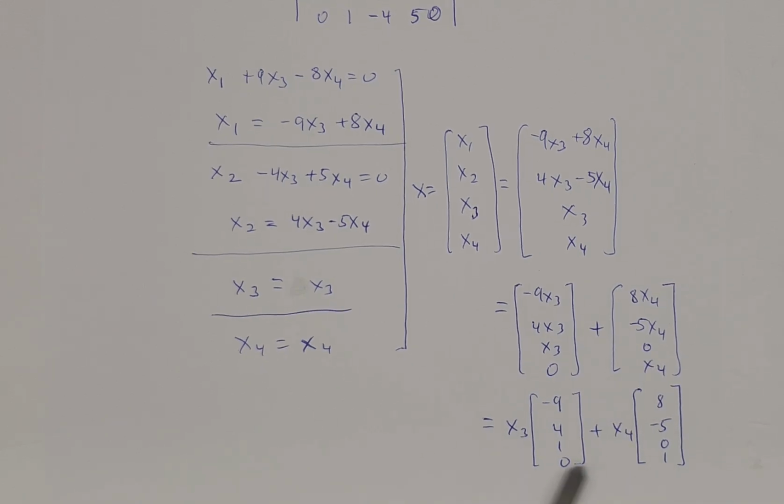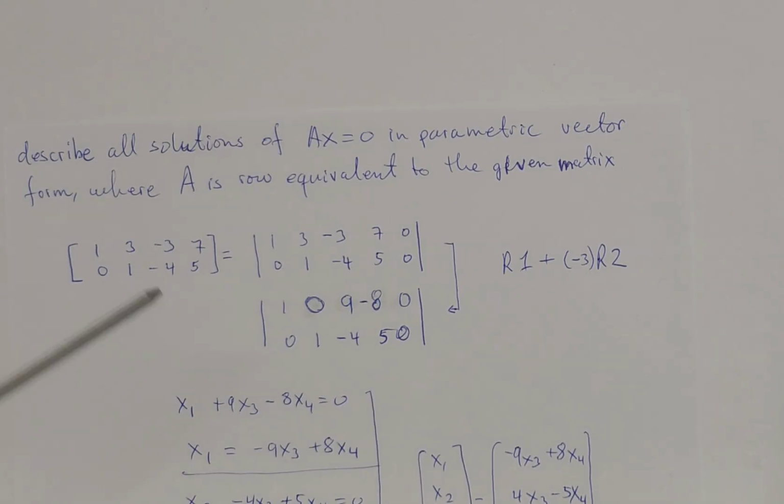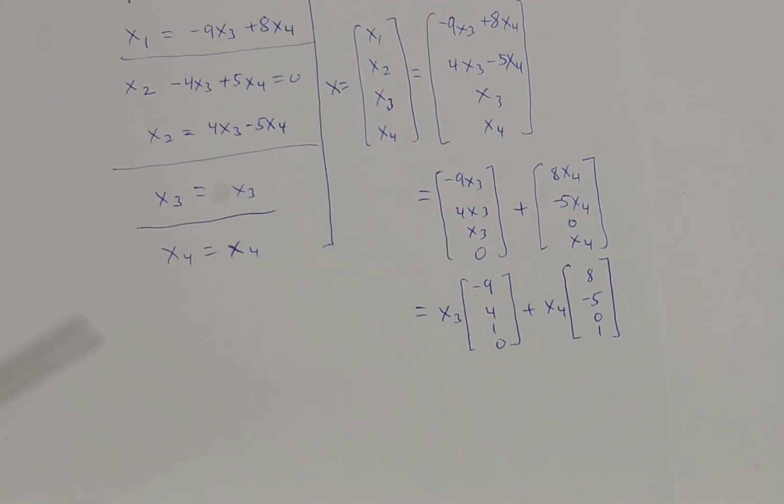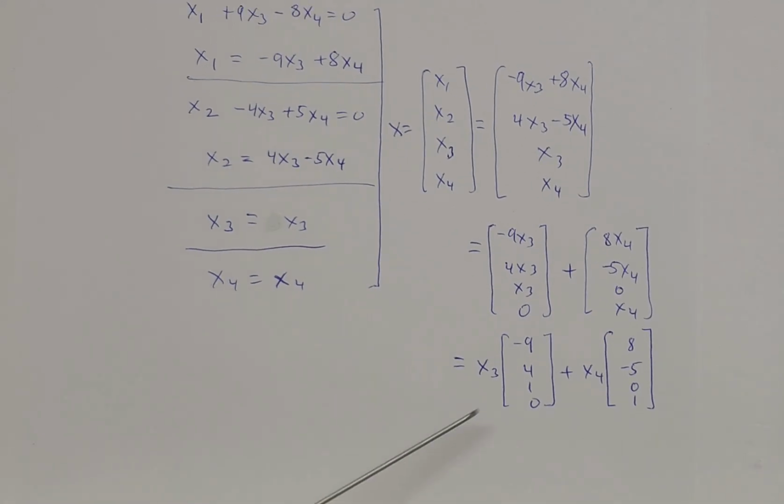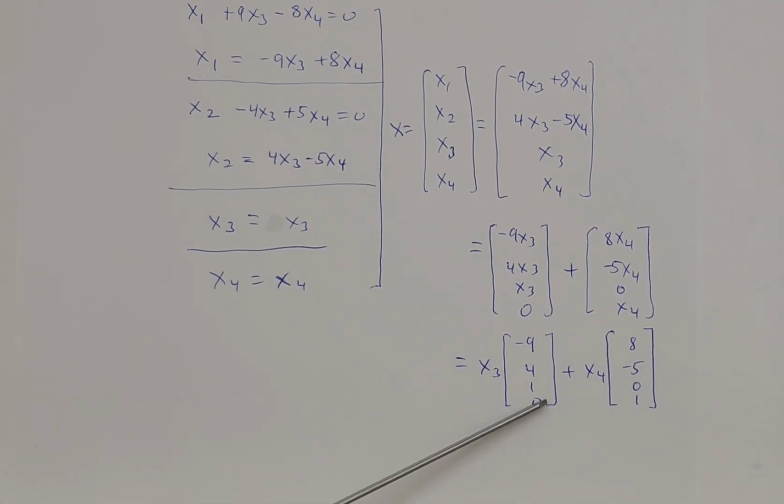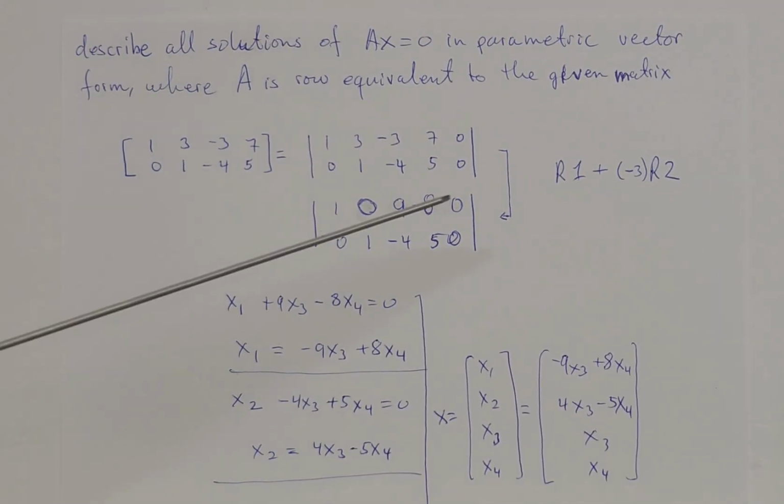So this is the parametric vector solution to the matrix up here.